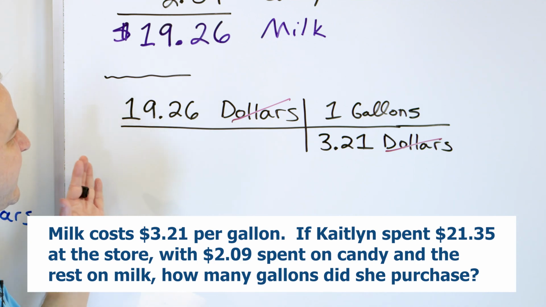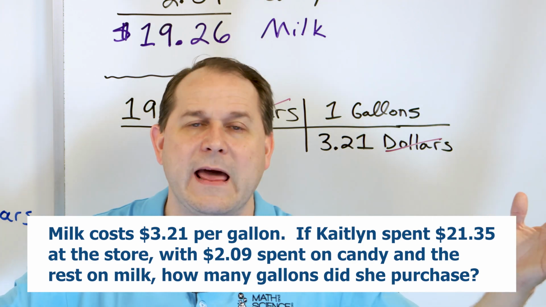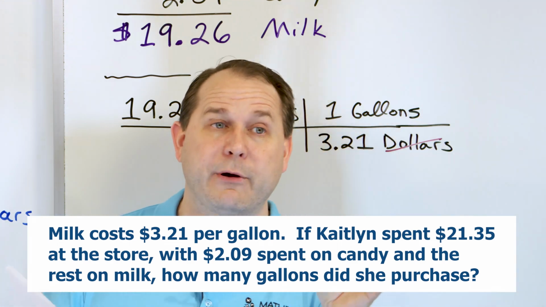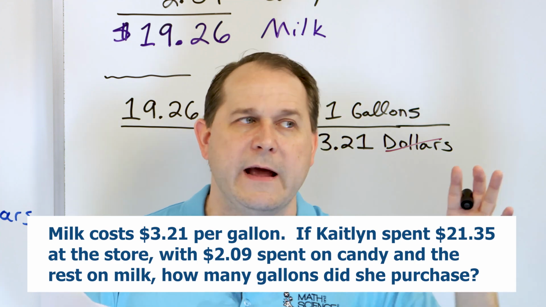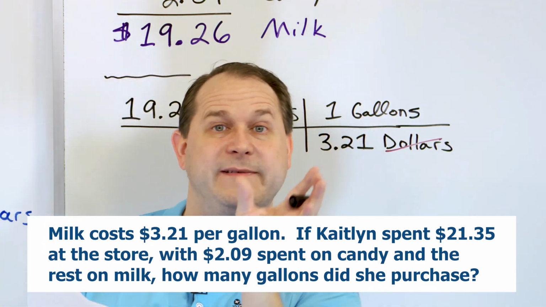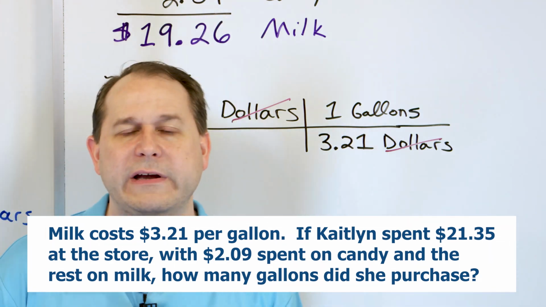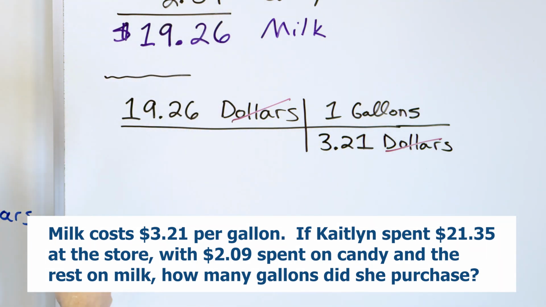Now let's see if it makes sense. If I know how much money I spent on the milk altogether, and I divide by 321, what it's telling me is how many gallons I purchased, because every 321 that I spend goes to a gallon. If I divide this and it fits 3 times in there, then that's 3 gallons I spent, because every gallon is worth $3.21. So I want to figure out how many times this goes into this.